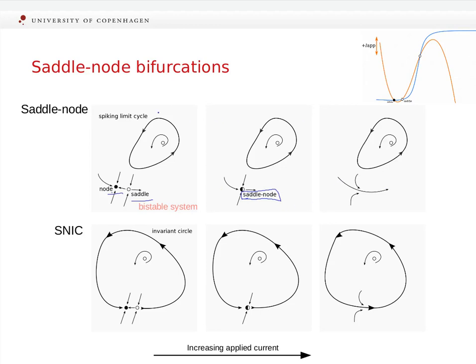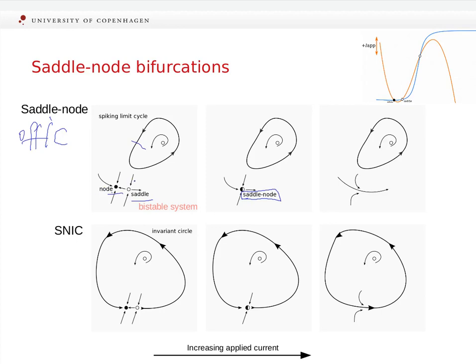In one scenario, which is called a saddle node off invariant circle, just a moment, I'll make it right. That's off invariant circle. And this is a bistable system, meaning that although a neuron can be in a resting state, quiet, not spiking, this stable state has a limited basin of attraction.